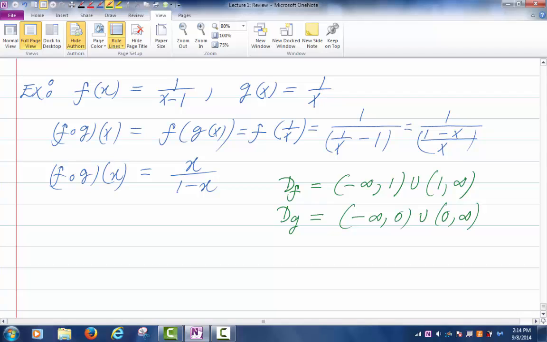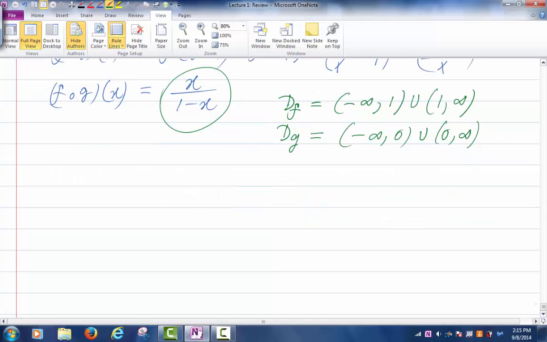First of all, if I only look at this formula for the composition, right, then I see that the domain should be what? Everything but 1, right? However, because you are defining the composition as the composition of f and g, remember you applied g first, right? However, you cannot evaluate g at 0, right?